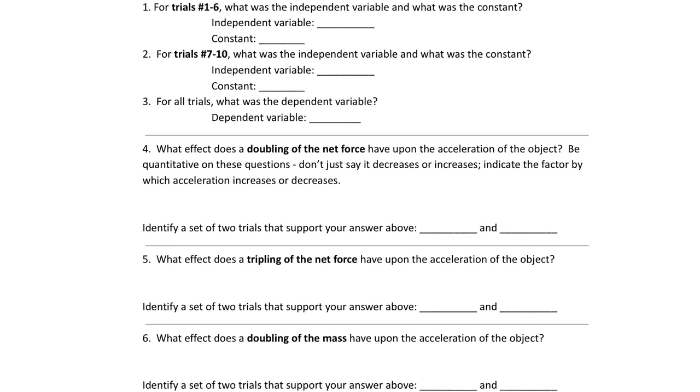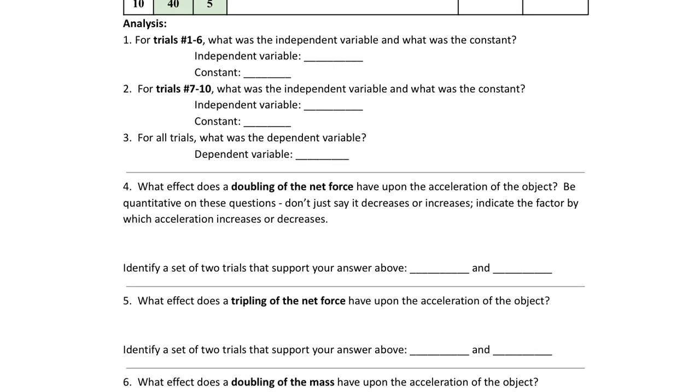When we were talking about independent variables, who remembers what independent variables are? Maddie, what is it? Yeah, the thing that you change. But in science, you can't change all the things at once. You have to keep everything constant and only measure the acceleration. So the acceleration was the dependent variable.